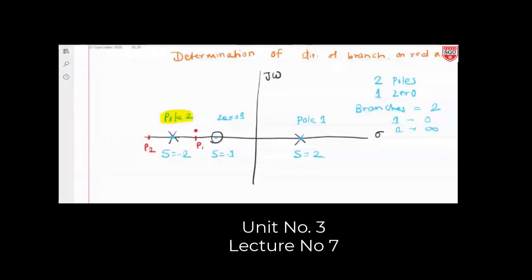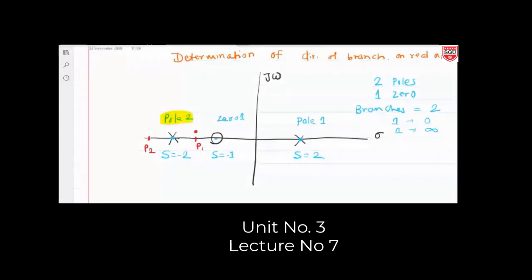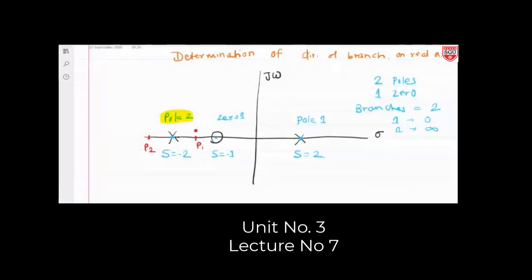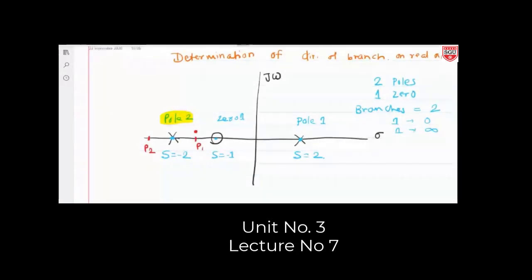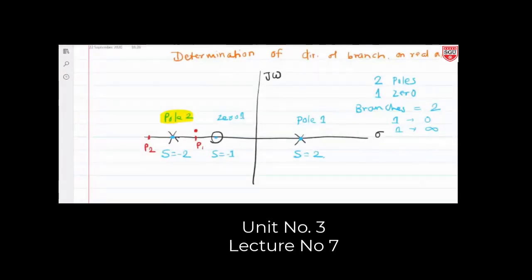And how many poles and zeros are there? All together we have to tell. We have to sit at P1, look towards the right, and count the poles and zeros.